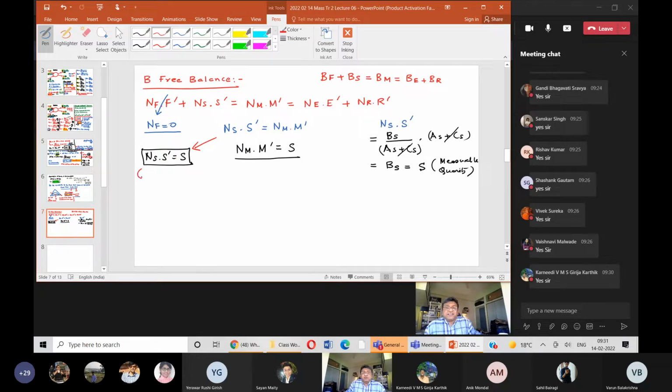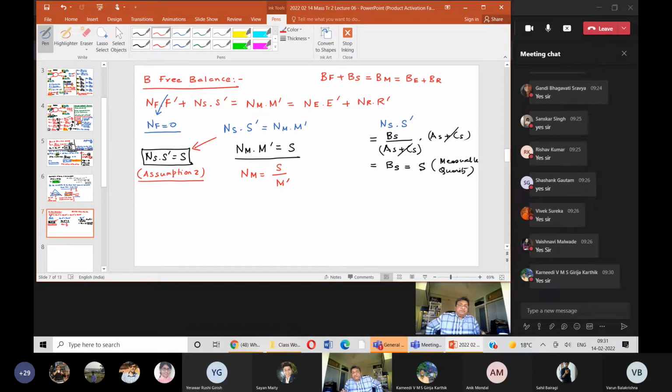So you can say this is assumption 2, but this is how it works. And if this is now obtained, then what you find is NM is equal to S by M dash, right?